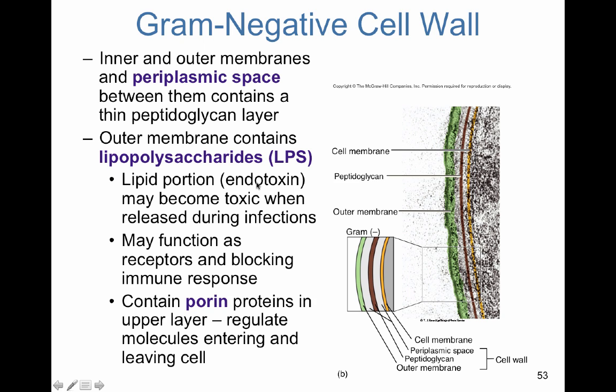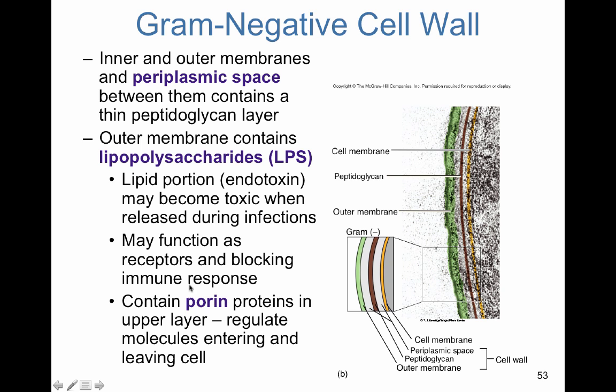So when you get sick with a bacterial infection, sometimes it's not just the presence of the bacterial cell itself, but it is the circulation or the presence of one of the components from that cell, like a toxin, an endotoxin in this case, or an exotoxin, which is a little different, but we'll talk about that later.